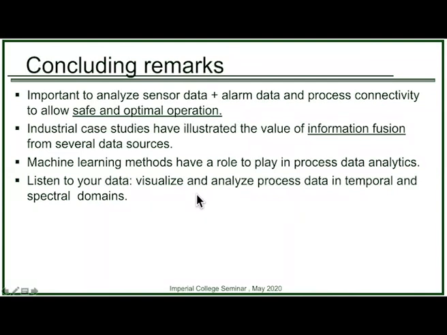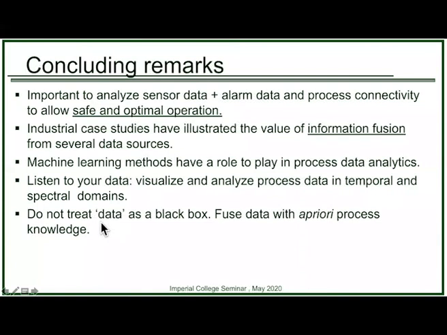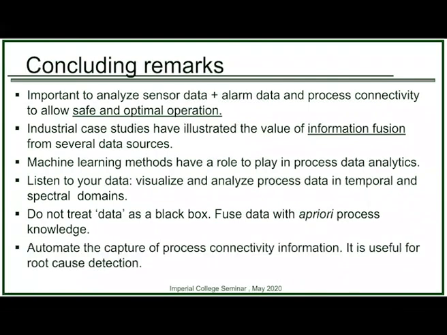And I again emphasize, listen to your data; process, visualize, explore, and analyze your data in temporal, spectral, and other domains. Don't treat data as a black box. Combine this with a priori process information, domain knowledge, and so on. And a lot of work needs to be done in the automation of process connectivity information from process data. This is certainly very useful for root cause detection.